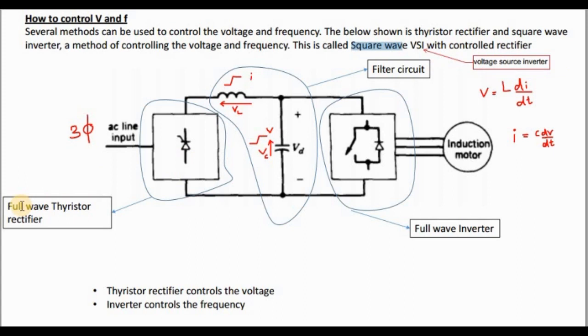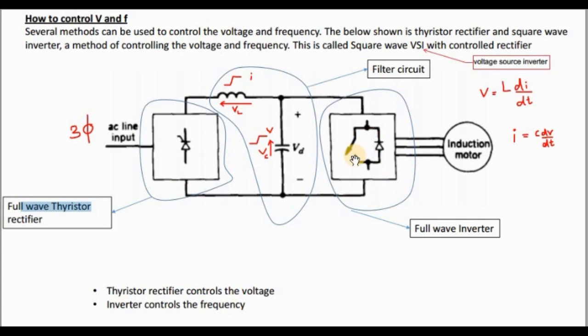So why do we need controlled rectification? Because we control V using the thyristor full wave rectifier. We control frequency using this inverter.